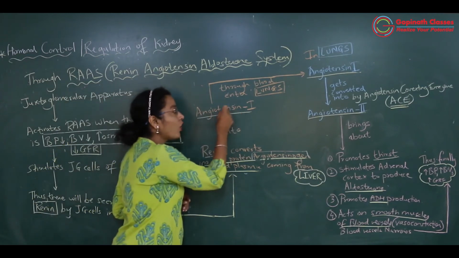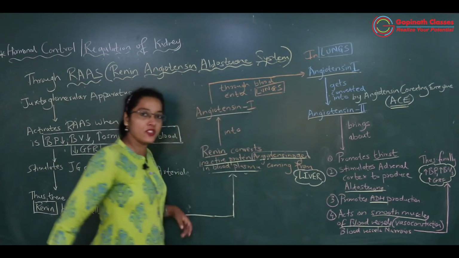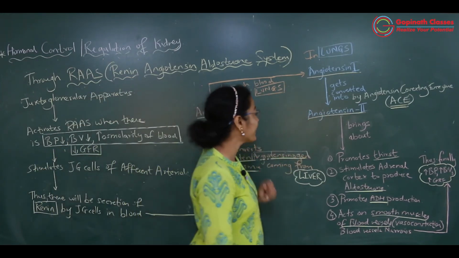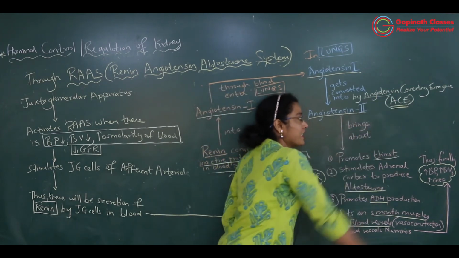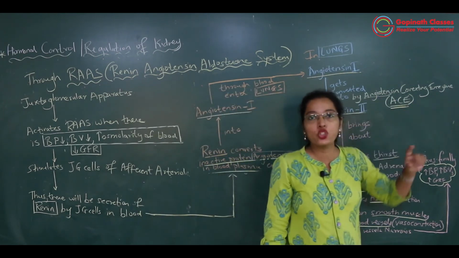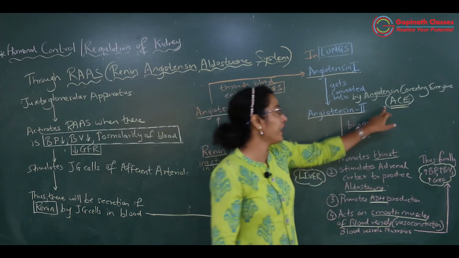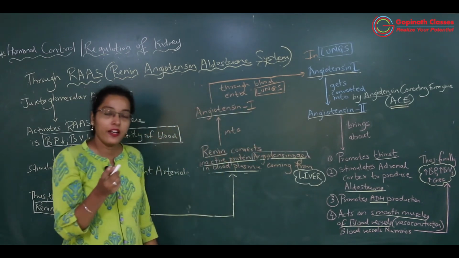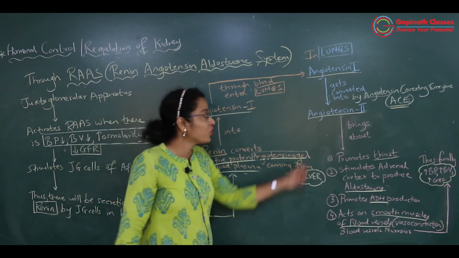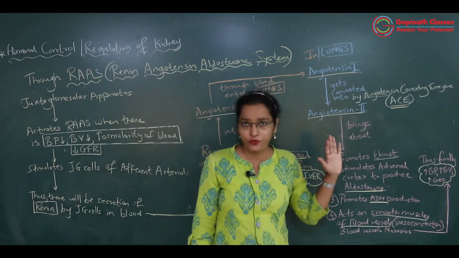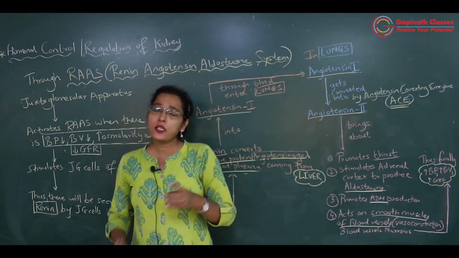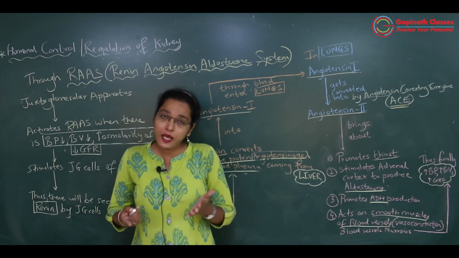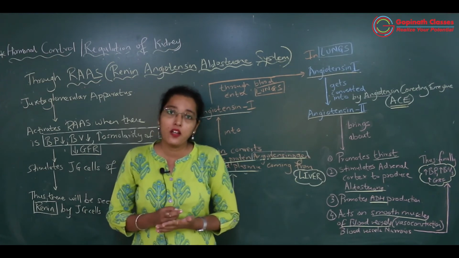So through the blood, angiotensin 1 will go near the lungs, and in the capillaries of the lungs there is an enzyme, that is angiotensin converting enzyme. Angiotensin converting enzyme, ACE, will convert angiotensin 1 into angiotensin 2. Angiotensin 2 is fully active. Angiotensin 2 will spread everywhere in the body, because angiotensin 2 from the capillaries of the lungs will then spread everywhere.